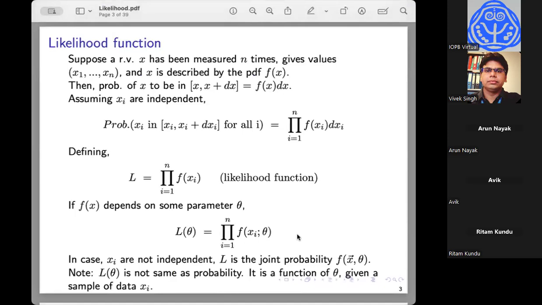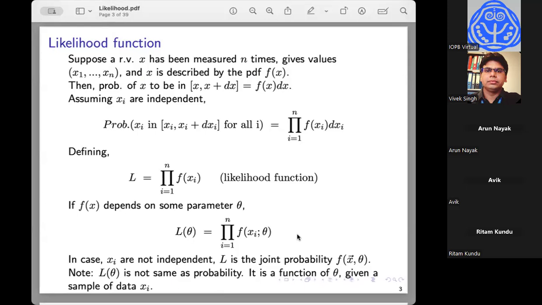Suppose in this case we don't know the functional form of the estimator, then we can use either the likelihood method, or we can also use the minimum least square method, which will come later, to estimate our parameter. Now what is the likelihood function?